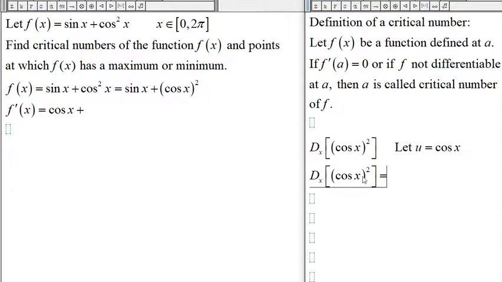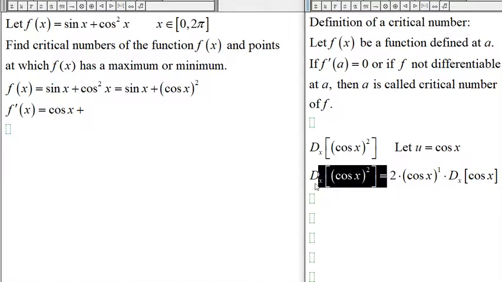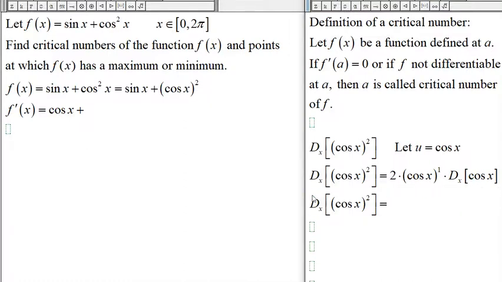So first do the regular derivative, so it would be 2 times cosine of x, and then subtract 1 from the exponent, and then times the derivative of u. And that's the chain rule. So this would be 2 cosine of x.